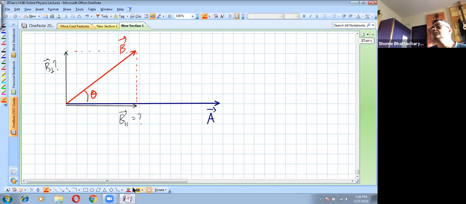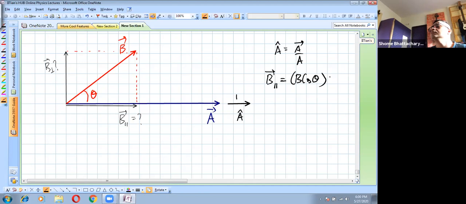So now I can obviously understand what is the unit vector in this direction? See, what is the unit vector along this? It's A cap. A cap is a unit vector along this direction. So A cap is vector A divided by its own magnitude. And you can see that the parallel component will have a magnitude of B cos theta.